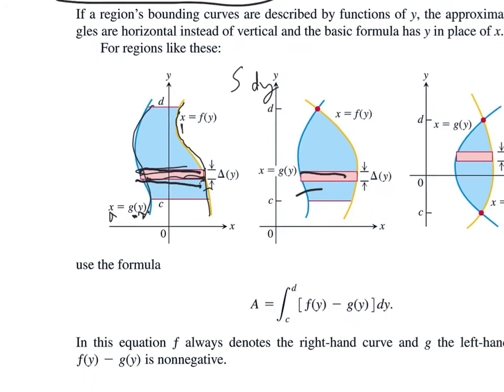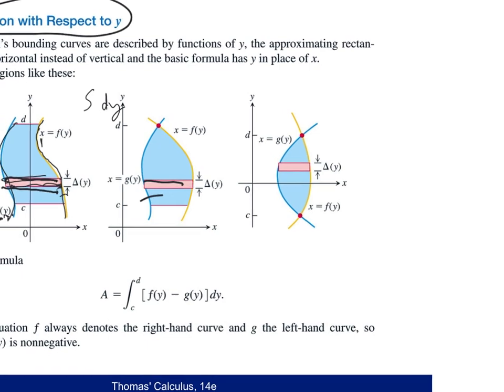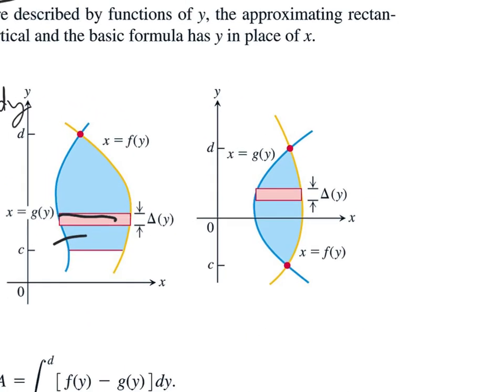Nice picture. Same thing happens if you're looking at this lemon. Also, what's going on is you're going from the bottom to the top, so you're integrating the bottom to the top. And the rightmost function, he's calling this right, he's calling it x is f of y. So I'm doing f of y minus g of y.